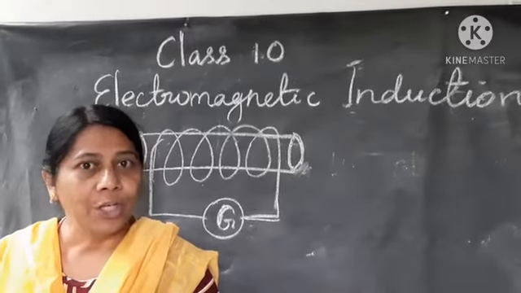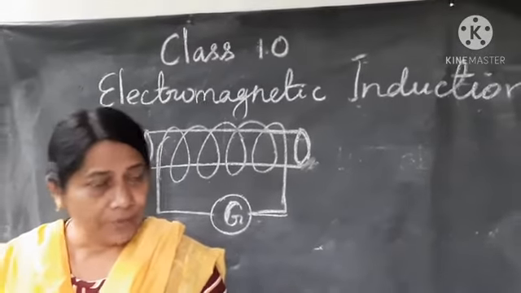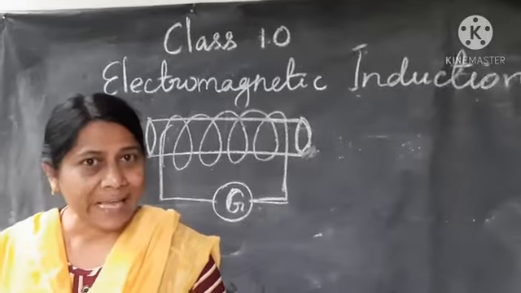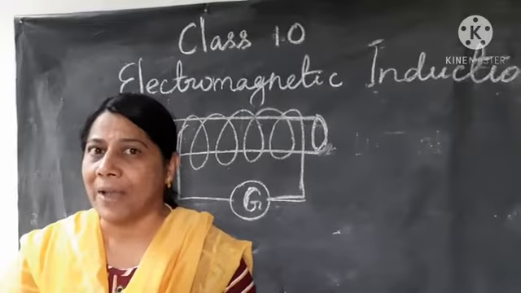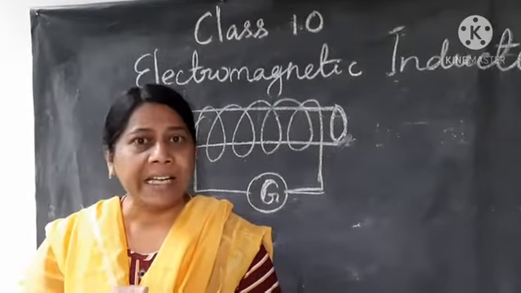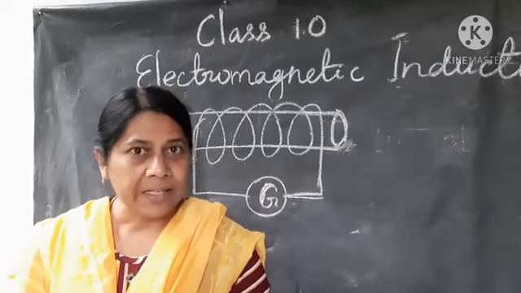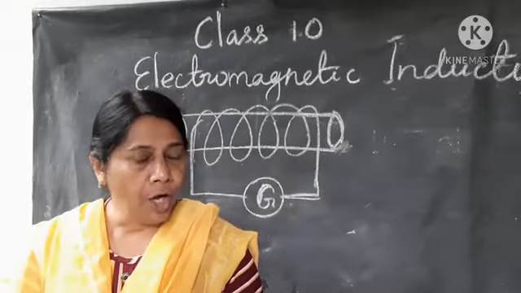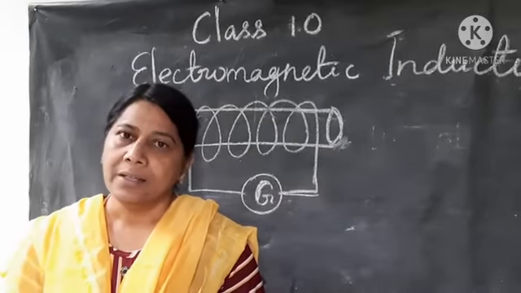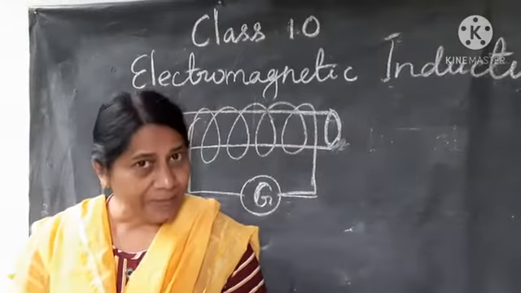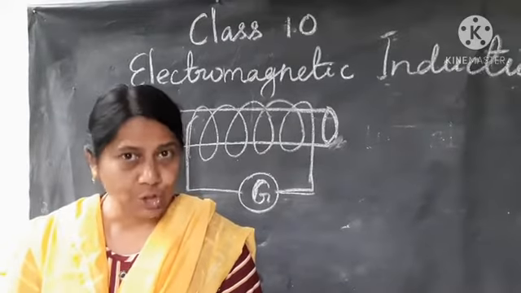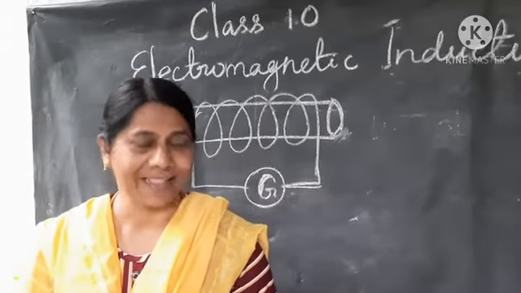In Fleming's left hand rule, if magnetic field and current are there, force is experienced. Suppose force and magnetic field are there, what will happen to current? Let us discuss now.